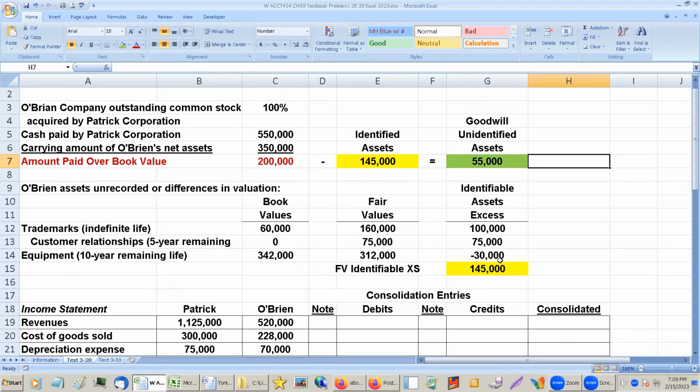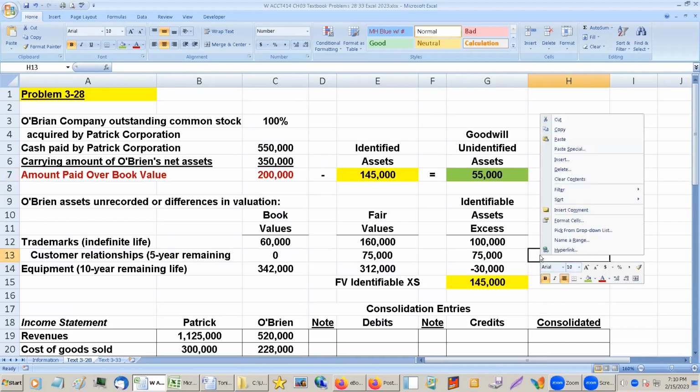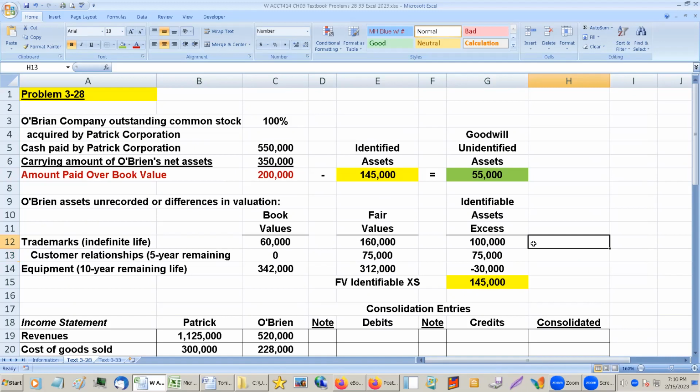All right, and I think with that, we can actually go ahead and do the expenses, I guess. Trademarks have infinite life, so we're not gonna worry about that one. Customer relationships, 5 years.